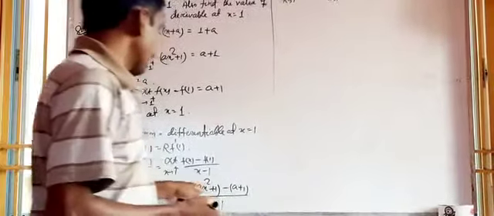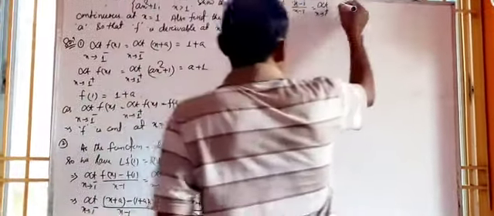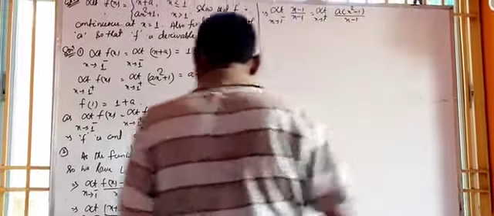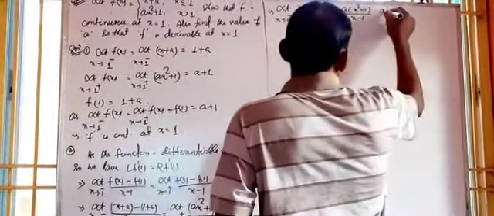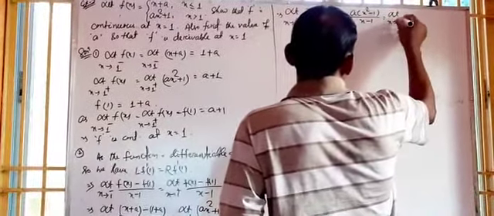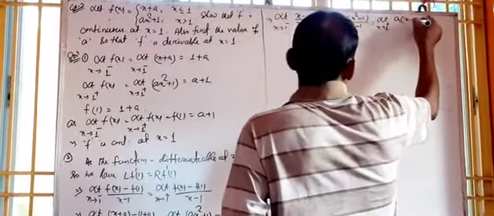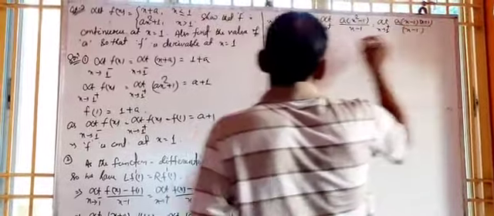So it is ax square minus a. So a will be common. It is x square minus 1 by x minus 1. So this is limit x tends to 1 plus, a into, using the identity a square minus b square, x minus 1 into x plus 1 by x minus 1.